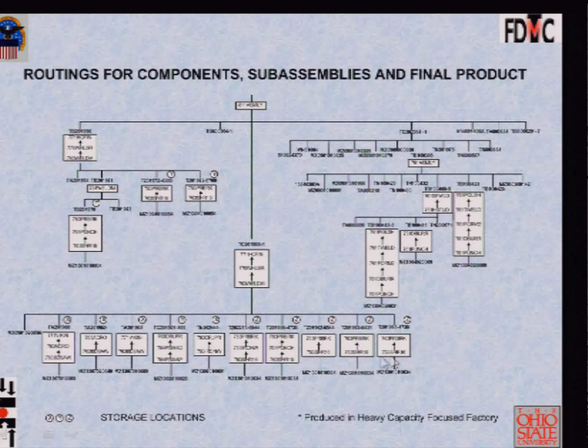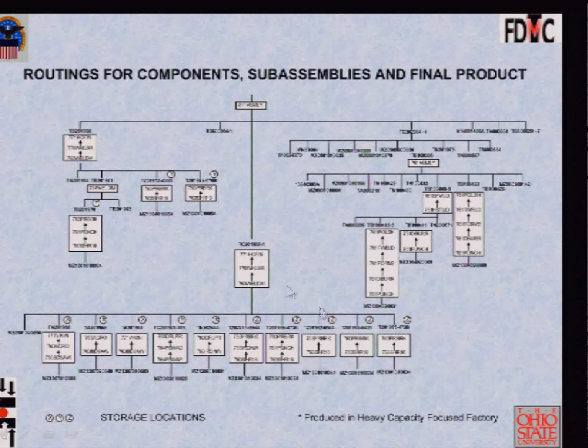Then, these components go through the shear and the press brake. Guess what? These components also go through the shear and the press brake. So what do you do? Do you design a cell which will have a shear and a press brake and be flexible to make components for this sub-assembly and this sub-assembly?